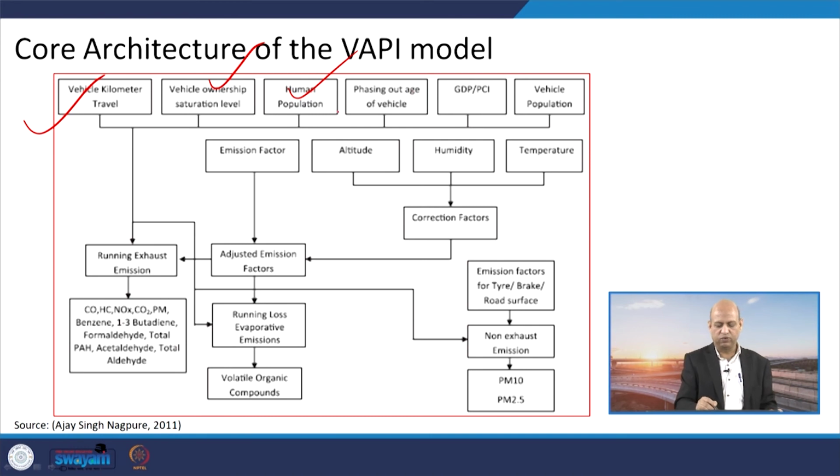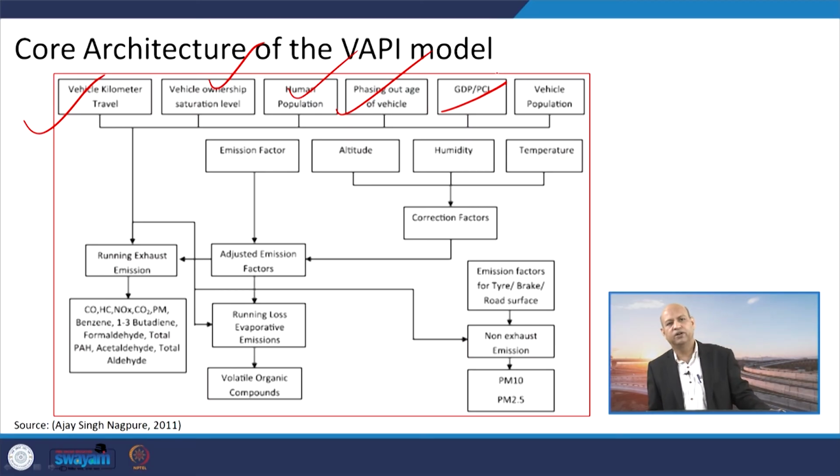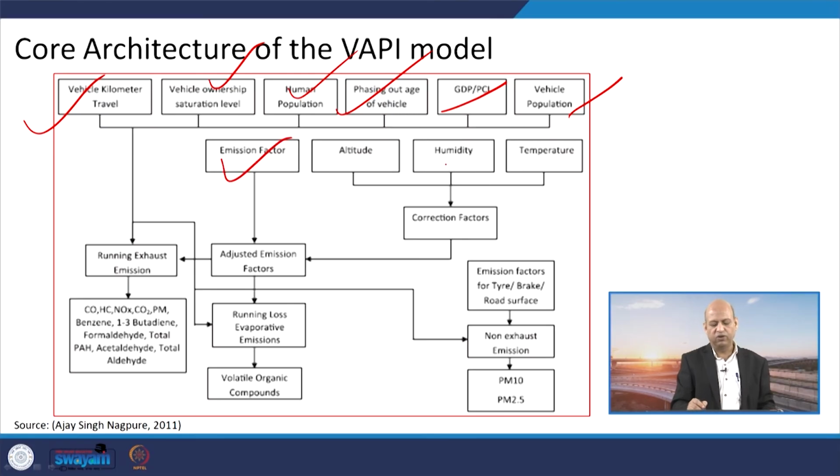Also the phasing out age of the vehicle, at what age it will be discarded from the road, and then GDP, per capita income (PCI) and vehicle population; all these things were taken into account for developing this model. Then emission factor, and altitude, humidity and temperature related correction factors.